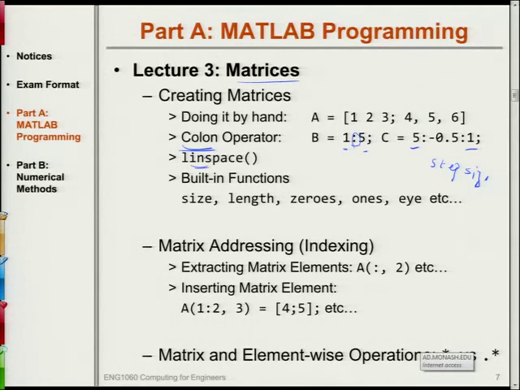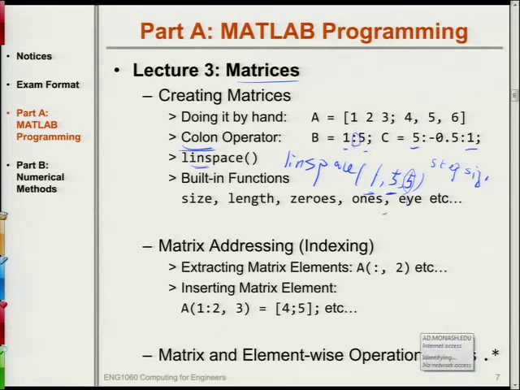The second operator is linspace. It is different from the colon operator, although both are used to generate a vector. For example, linspace of 1, 5, 5. You give 3 parameters: the first is starting from 1, ending at 5, and equally spaced with 5 elements.